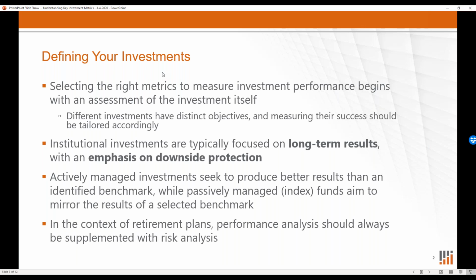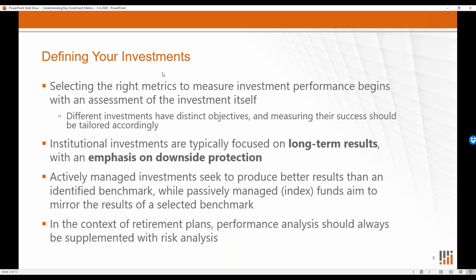Going back to the top of the page, the sub-bullet says different investments have distinct objectives, and measuring their success should be tailored accordingly. For example, whether you're looking at a bond fund, an equity or stock fund, or a real estate investment, that is going to weigh in heavily in how you define each investment, identify those key metrics, and determine the proper perspective.